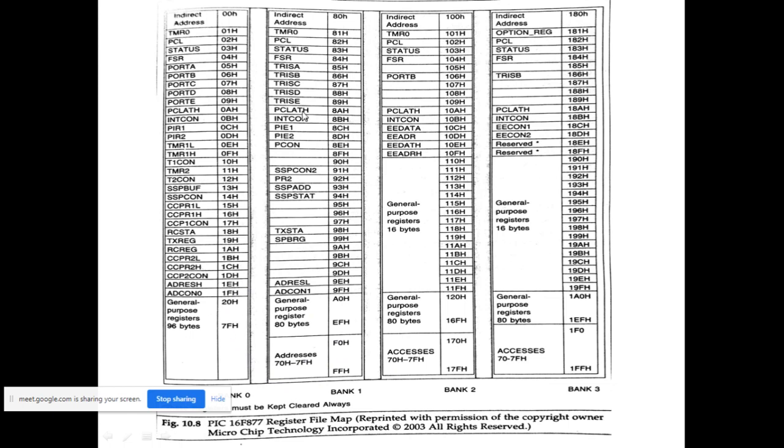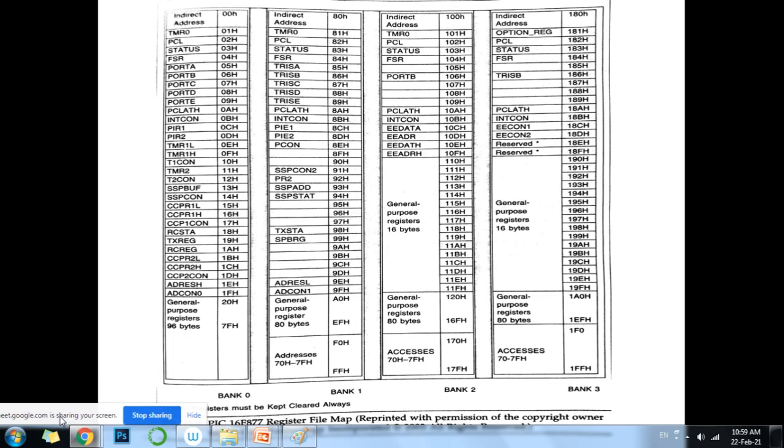The whole memory is divided into 4 banks. You can see that the address of the various locations in the memory goes from 000 to a maximum of 1FF. So the address is actually a 9-bit address, right? 2 plus 7, so 9-bit address.